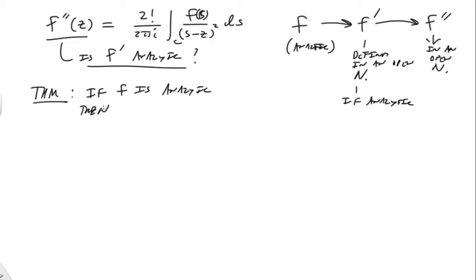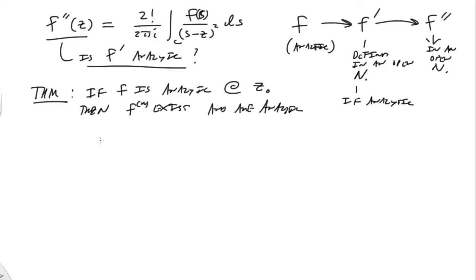So that is a very important result. So f to the n exists and is analytic, I should say at the point z naught. Okay, so we're always talking about a particular point.